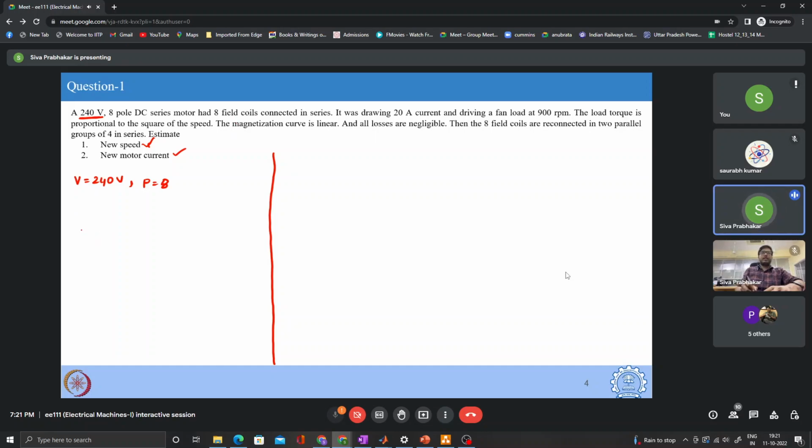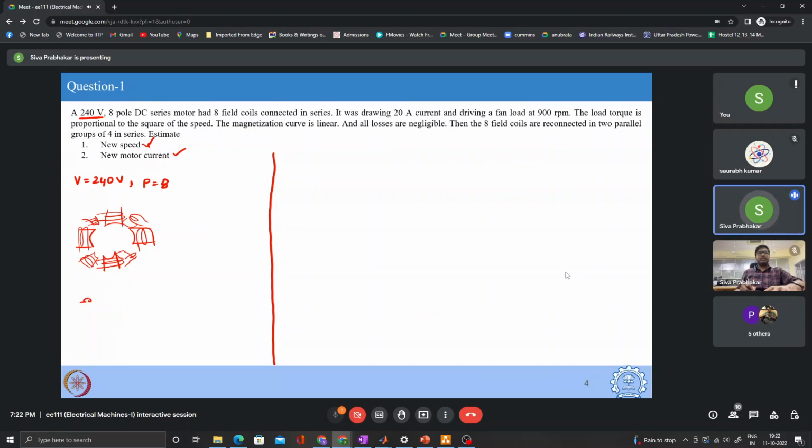As I have discussed earlier, if it were a 4-pole machine, there would have been 4 sets of series field windings. Here, since it is an 8-pole machine, there will be 8 poles and similarly 8 series windings. So this figure looks clumsy, but this is the idea.